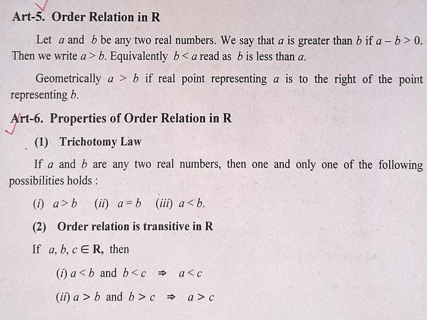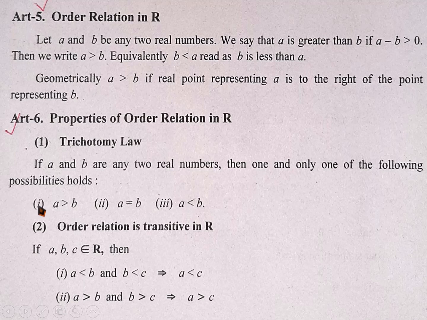If we choose any two real numbers A and B, then one and only one of the following possibilities holds. The first possibility, either A greater than B; the second, A equal to B; the third, A less than B. Only one property holds here, not all.